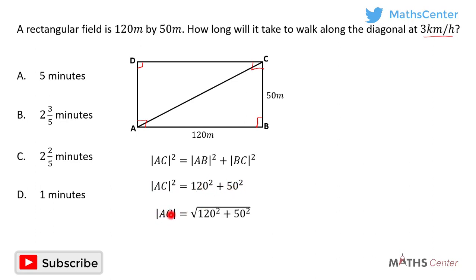This will give us AC is equal to the square root of 120 squared plus 50 squared. And the square root of 120 squared plus 50 squared will give us 130. So the length AC is 130 meters. So the diagonal of the rectangular field will be 130 meters.